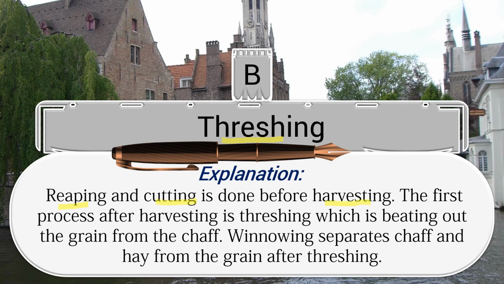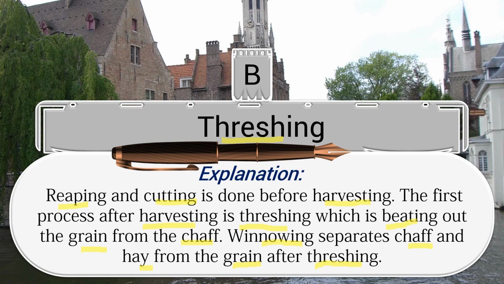The first process after harvesting is threshing, which is beating out all the grain from the chaff. Winnowing separates the chaff and hay from the grain after threshing. So, we are saying that reaping and cutting are done before harvesting.